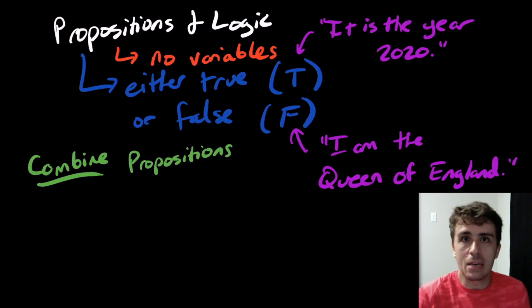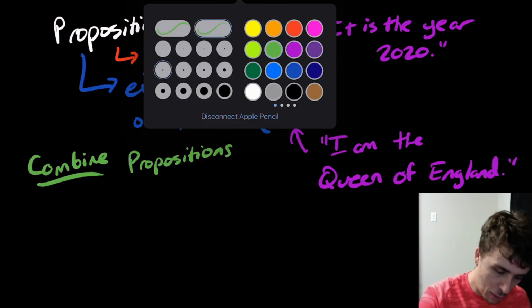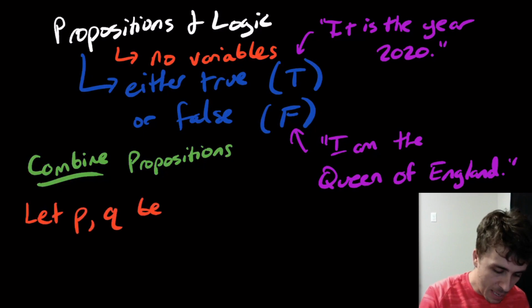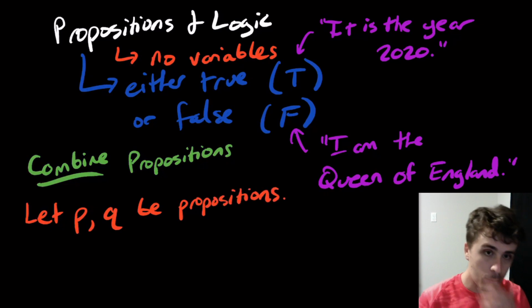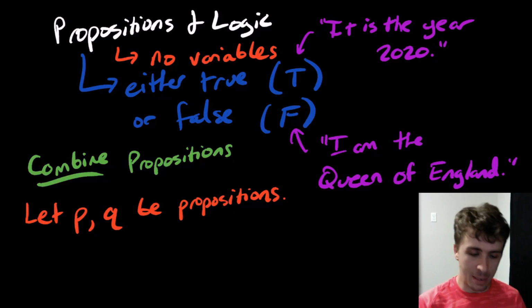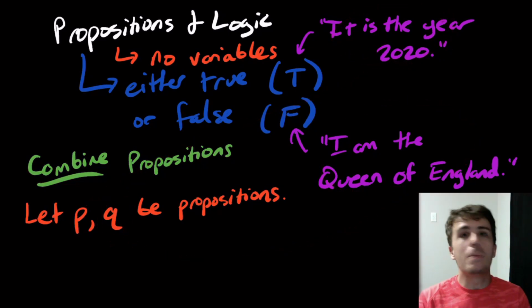So we want to see, well, what happens if we have a combination of these propositions? So the way that we're going to do this is we're going to let P and Q be propositions, any ones that you want. Okay, so now we're going to talk about how do we combine these two propositions. Well, P could be this proposition, Q could be this one, or they could be any proposition that you want.